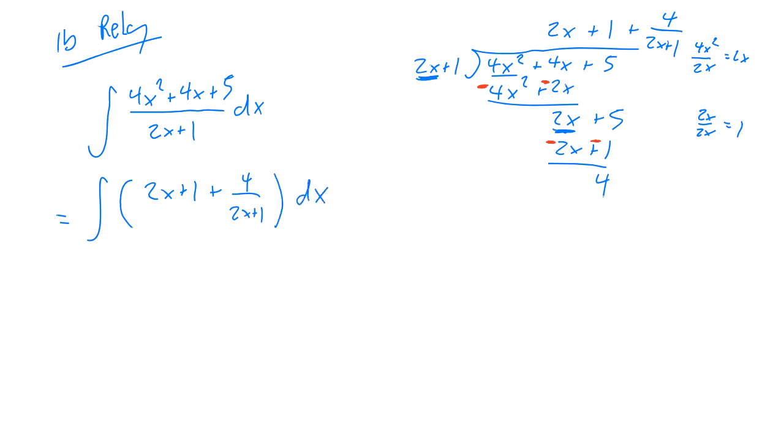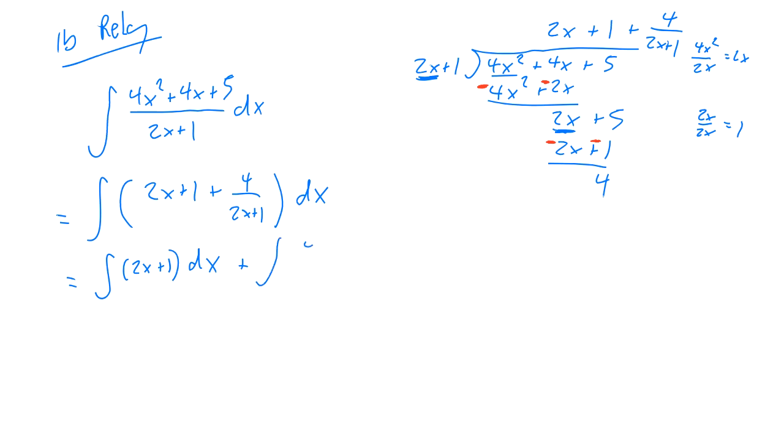Now this goes back to that trick I was mentioning earlier. Sometimes you have an integral and some parts of it require substitution and other parts don't, so you might want to split the integral up. Many of you might do this step in your head, but I'm just going to make it explicit. The 2x plus 1 is a polynomial, and we can integrate that just using the power rule.